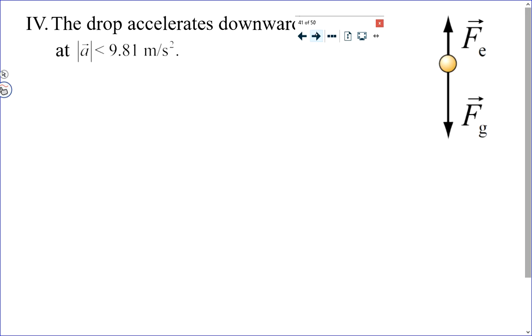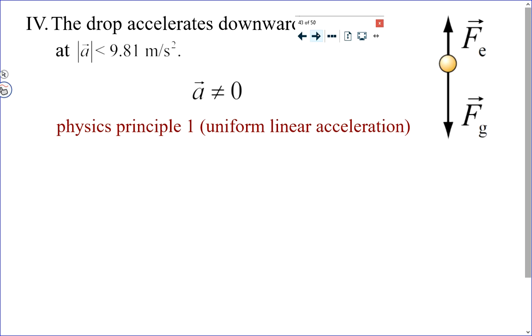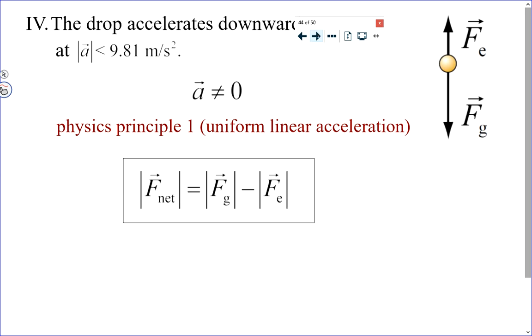And if it's accelerating down, but less than a rate of 9.81, the only explanation is there is an opposing force that's taking away some of the gravitational influence, which means that the gravitational force is down, the electric force is up, but the gravitational force is greater. And of course, we're dealing again with accelerated motion. And you would find the net force by adding the two forces together.